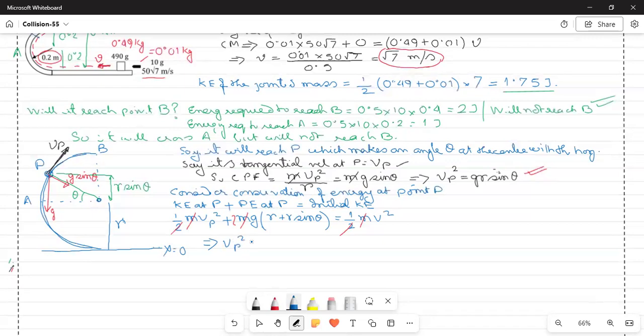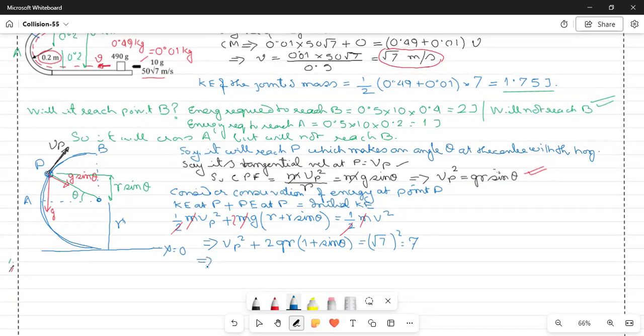Then we have Vp square plus 2r, r we take outside the bracket, 1 plus sin theta is equal to, now v square is equal to root 7 whole square, which is 7. Now Vp square we have already got as gr sin theta.